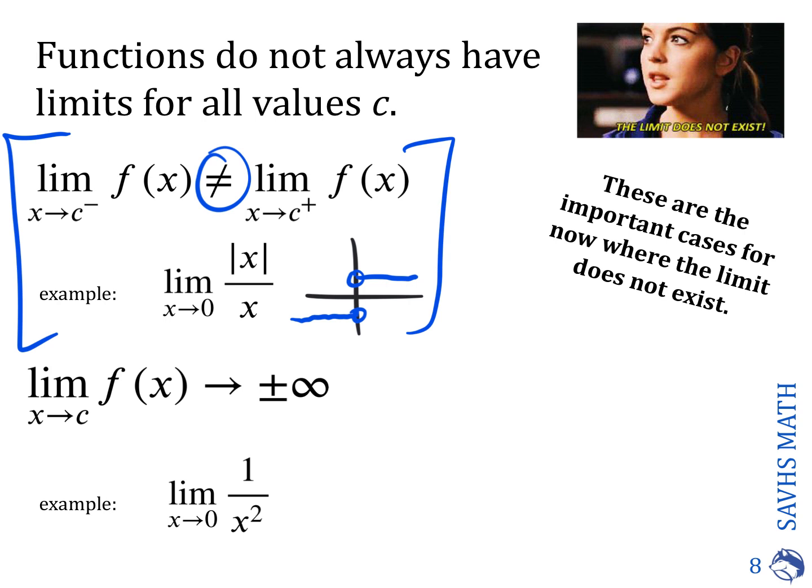And you can see that the left-sided and the right-sided limits do not match here, because the right-sided limit approaches 1 and the left-sided limit approaches -1, and obviously 1 and -1 are not the same, and so we have to say that the limit does not exist there. The other case for when a limit doesn't exist in this class for our purposes is when a function approaches negative or positive infinity at the value.